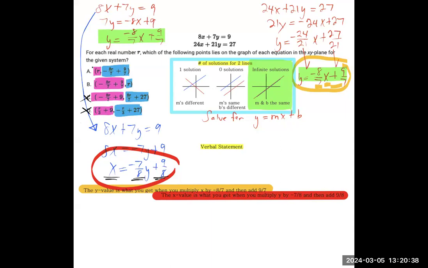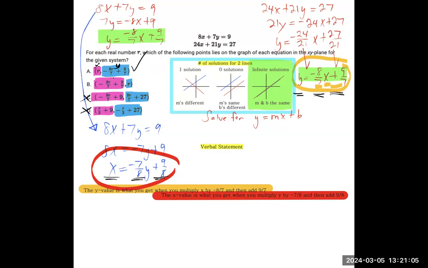So answer choice A says the y value is what you get when you take the x value, which is r, and you multiply by -8/7 and then add 9/7. That sounds pretty good.